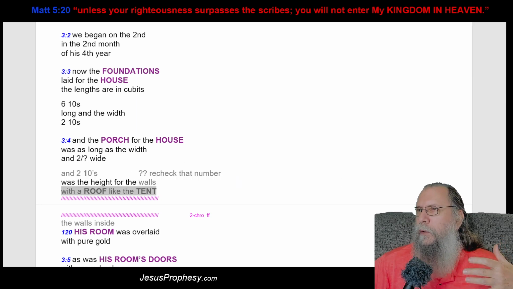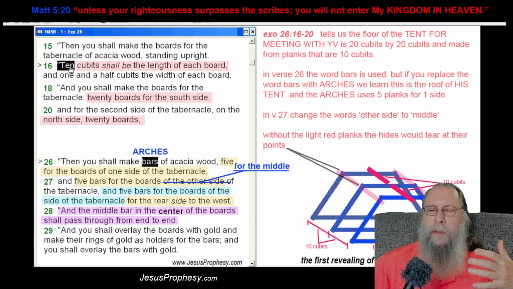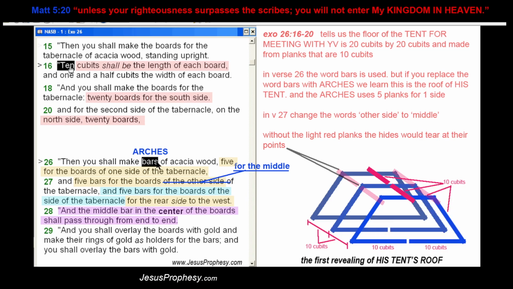And for those that are new here that don't know what I'm talking about, there is this image here, which, if I change this word right here in Exodus 26, verse 26, and make it arches instead of bars, this is what these pieces add up together, these words here.